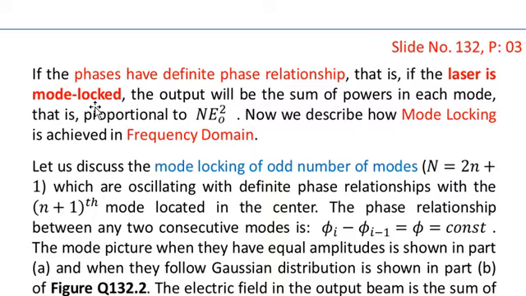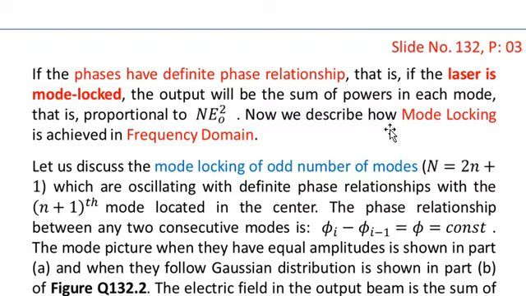Here you can see the definition of mode locking. Mode locking means that all the modes have the same phase relationship between them. So if the laser is mode locked, the output will be the sum of powers in each mode, that is proportional to n E naught squared.